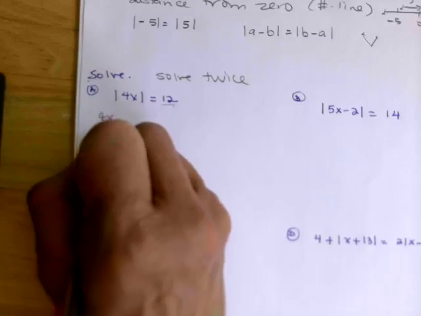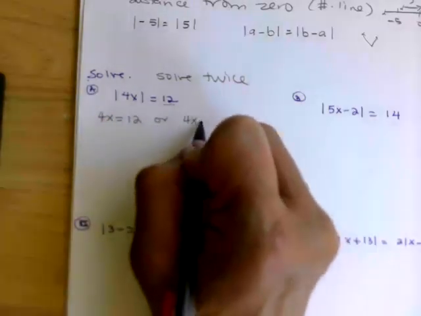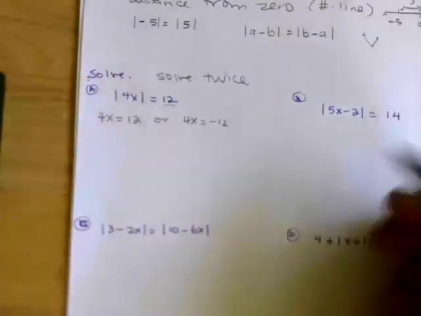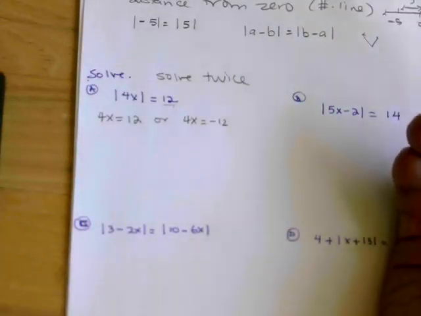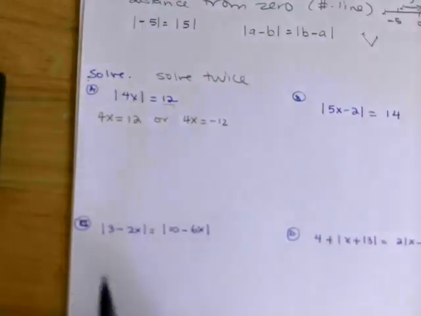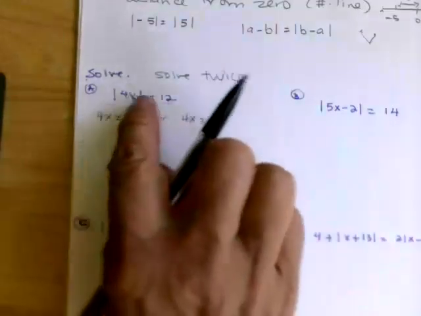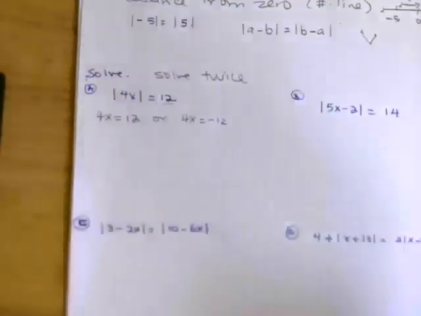So this is true if 4x is 12 or if 4x is -12. Now, to be true to the mathematics, it's really the inside part that can be positive or negative, which we're going to do on these other ones. But if it's just equaling a number, it's easiest to let that number change its sign.